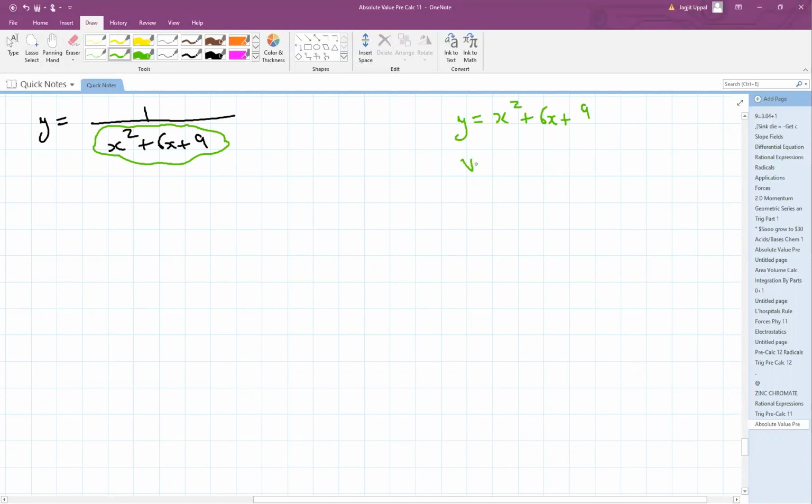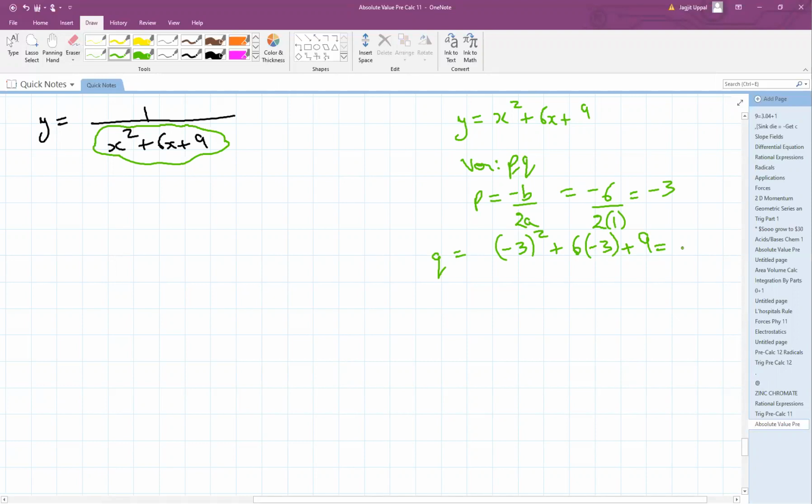Now we need to find the vertex, which is your p comma q. P is -b over 2a, which is going to be -6 over 2, which is -3. To get your q value, you're going to plug in -3 in place of x. How much is that?